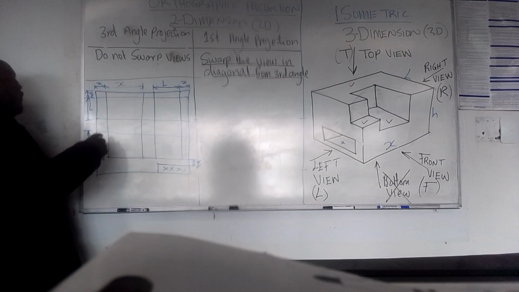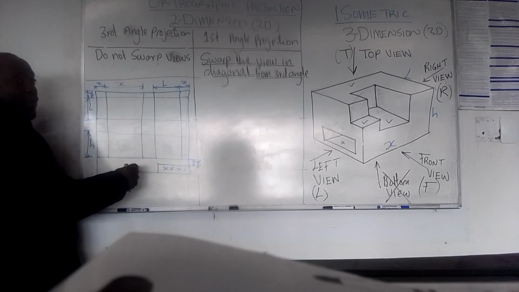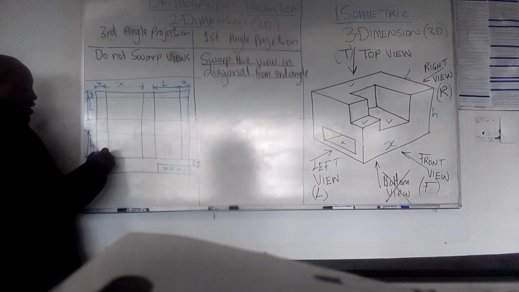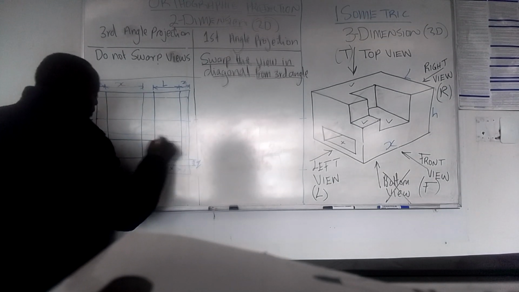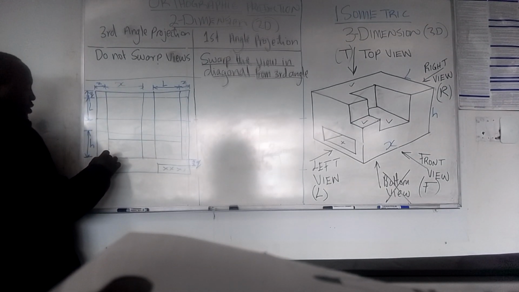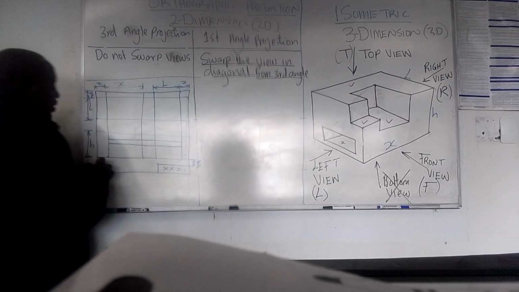Please avoid starting measuring from the edge because you have got the boundary lines of the drawing. Measure from inside, from there to there. Draw a line, continue up to there. Then from there to there, draw a line continuous up to there.